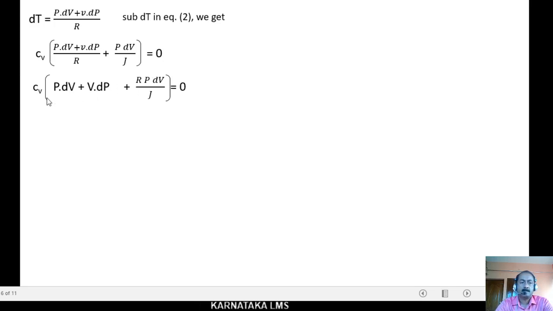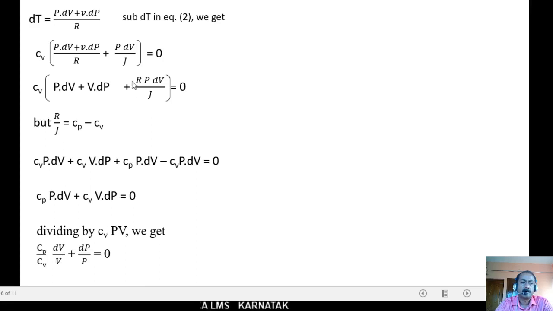Multiplying this equation by R, we get Cv into (P dV plus V dP) plus R into P dV divided by J equals 0.